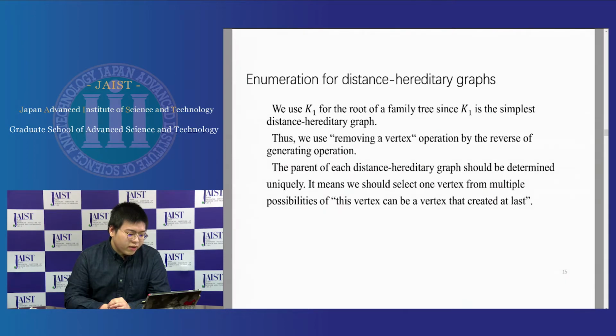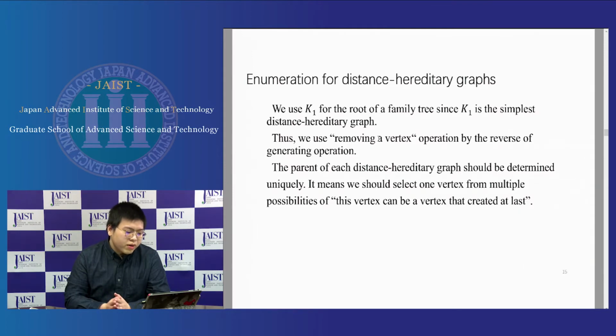Now we can give our enumeration algorithm for distance hereditary graphs. Here we use K1, a graph with only one vertex, as the root of the family tree, since K1 is the simplest distance hereditary graph. We use the vertex removal operation as the reverse of the generating operations.